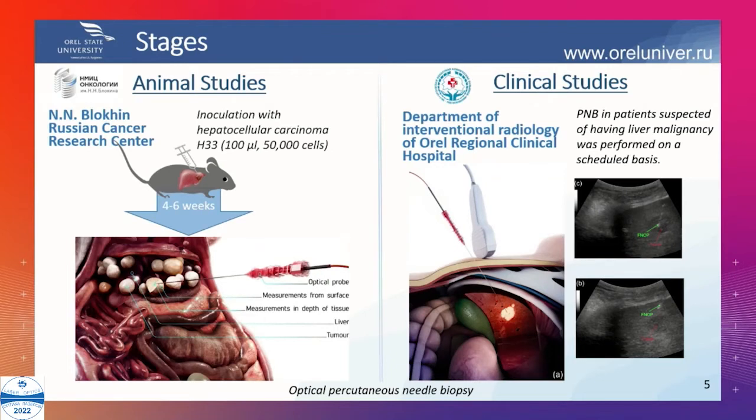The pilot animal study was carried out with laboratory mice. The hybrid BDF mice with inoculated liver tumors were provided by Blokhin Russian Cancer Research Center. The clinical studies were conducted during the standard biopsy procedure at the Oryol Regional Clinical Hospital.